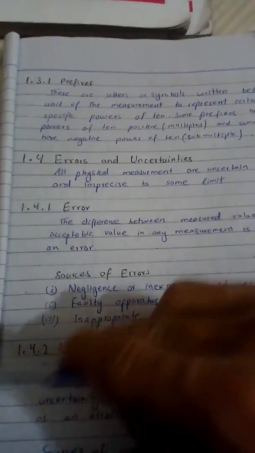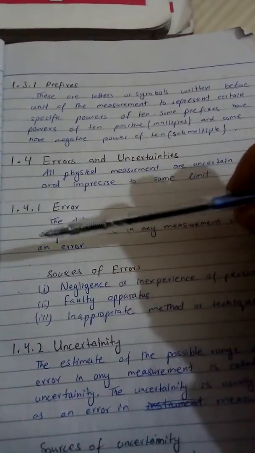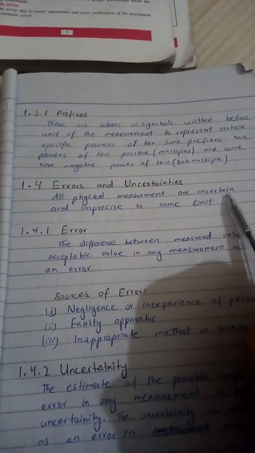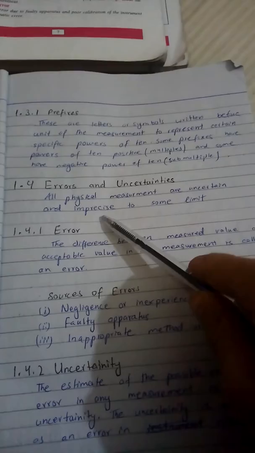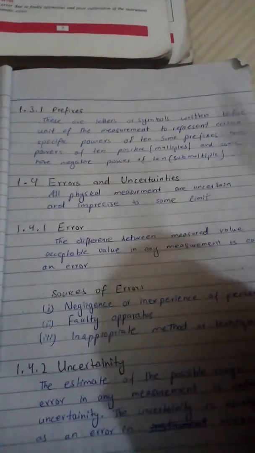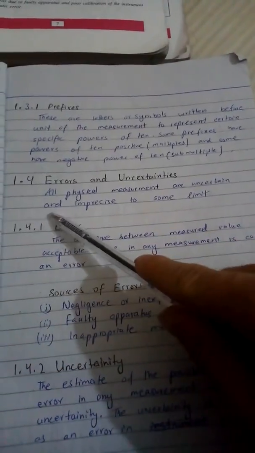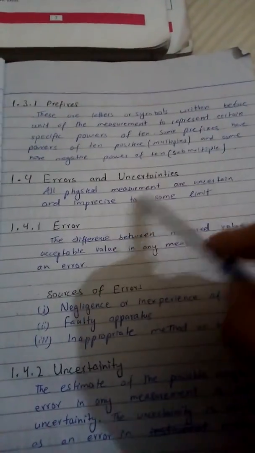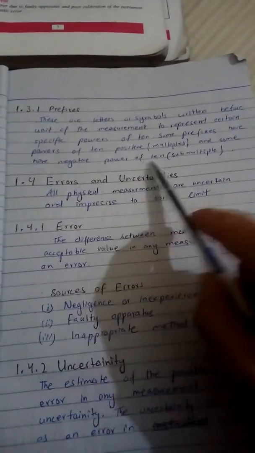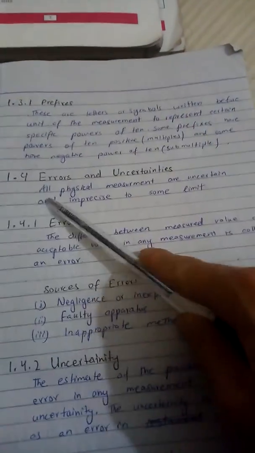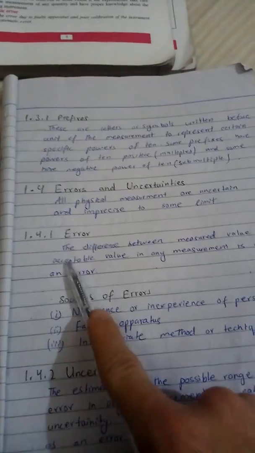We cannot measure it with 100% precision. So all physical measurements are uncertain and imprecise to some limit. Remember, no instrument has ever been built to calculate with 100% efficiency. So remember this.